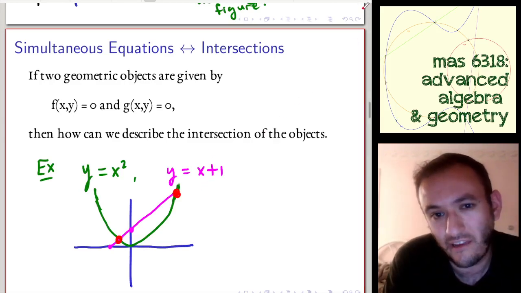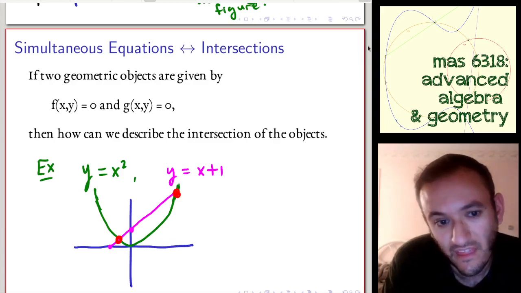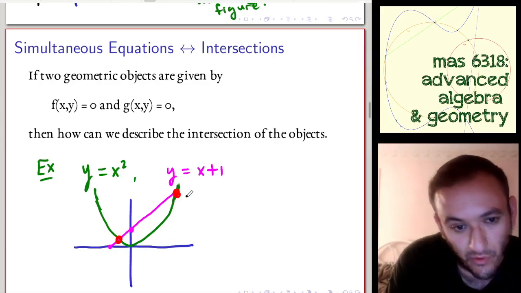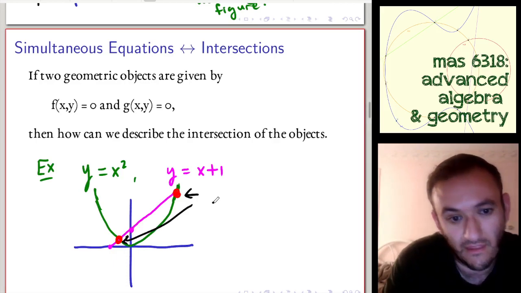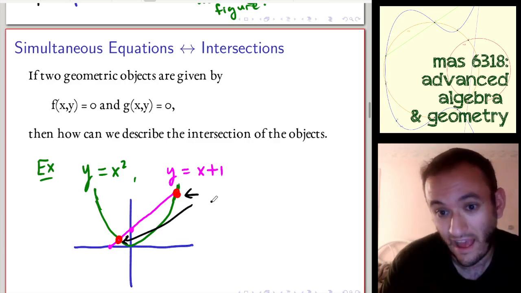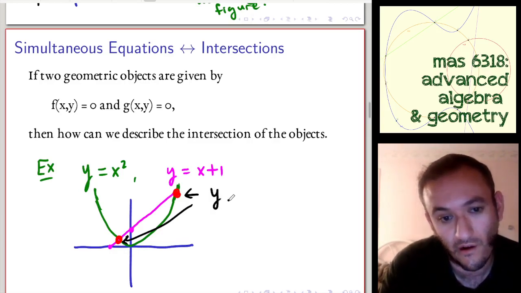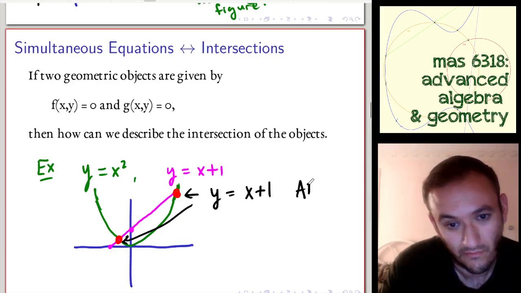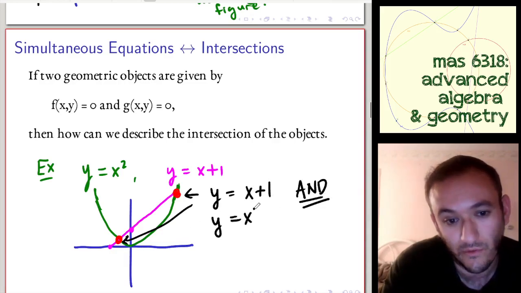Okay, well, how might I find what those intersection points actually are? Well, the thing that I know about these two intersection points is that both live on both of these graphs, which means that both of these equations are satisfied. So they are simultaneous equations: y equals x plus 1 and y equals x squared.